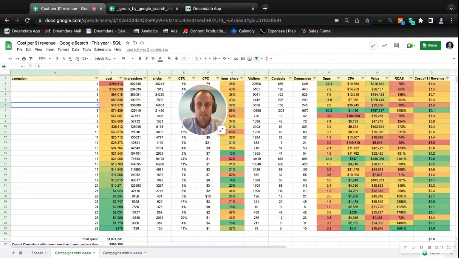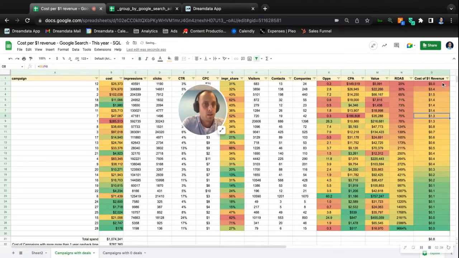Then if we head over to the campaigns that do have deals associated to them, there are a couple of ways to look at it. Firstly, I've sorted it by cost, so the cost can help guide you to which campaigns you should pay attention to. The metric I added for myself here was: what does it cost for this company to produce $1 of revenue? So I listed the campaigns like this. All the campaigns I've marked here, if they want to buy $1 of revenue, they have to pay more than $1 to acquire it, which essentially means you're wasting money every time you run these ads.